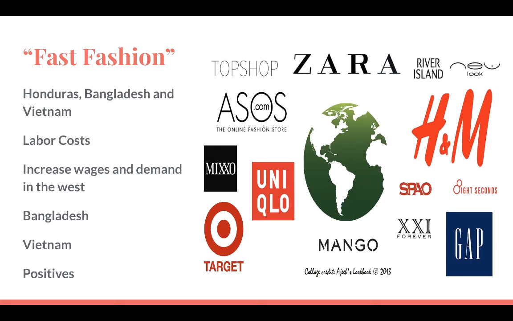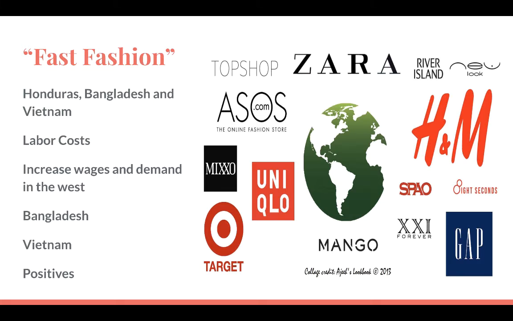These companies are looking to decrease labor costs so that they can put out more things for people to buy. Because what we have primarily in the West throughout the 20th century are increased wages and demand for clothing, but demand for clothing that isn't top of the line or crazy expensive.